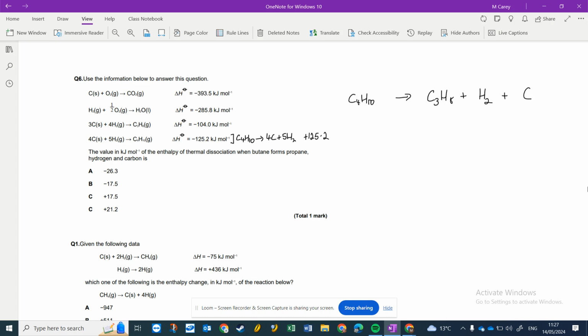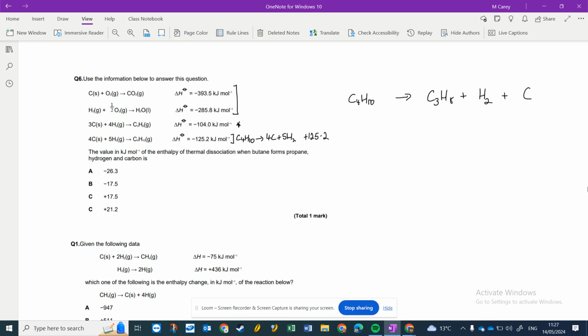So we can probably use this one direct. We're going to add that in. Plus H2. I actually don't think we need all of the things they have there. Actually, we don't need to use those. I don't know why they've given them to us.